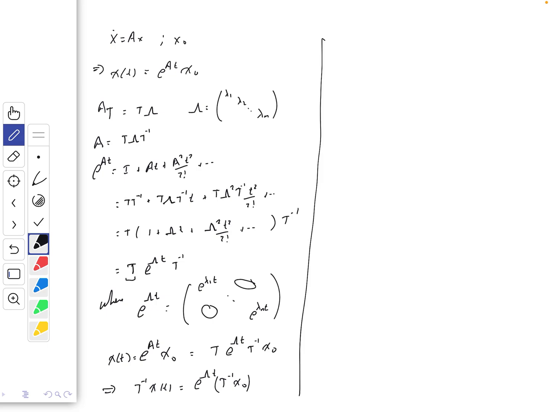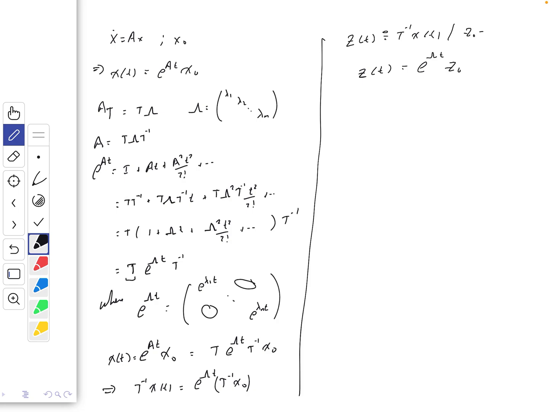And so let's let z of t be equal to T inverse x of t. That means z of t is going to be equal to e to the lambda t z naught.